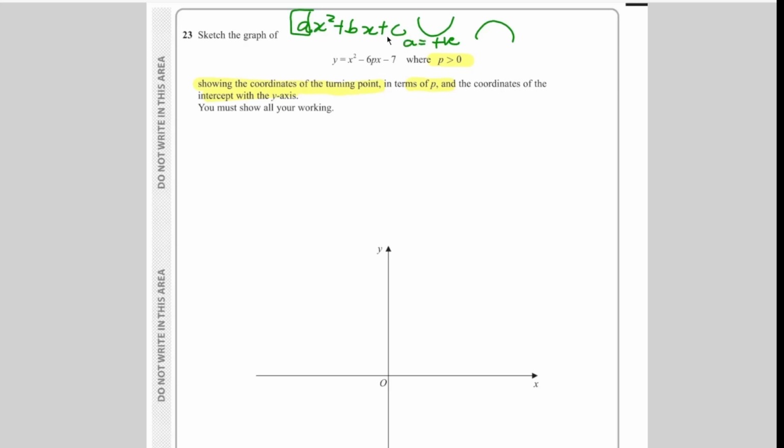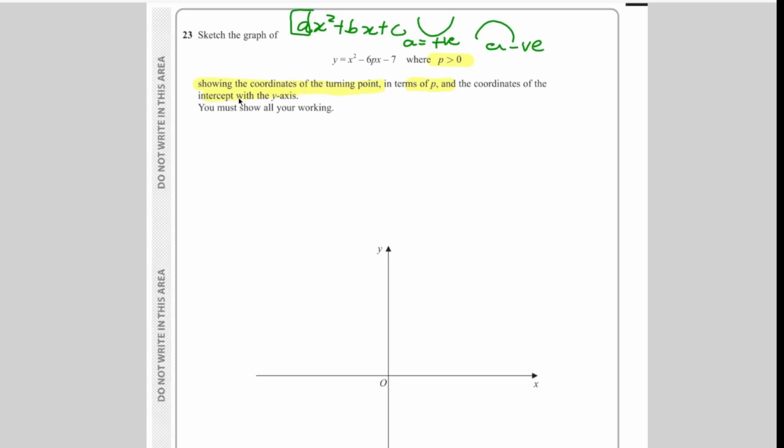If A is negative, let's say minus 3x squared, then it is sad. So depending on the value of A, we decide whether it is happy or sad.